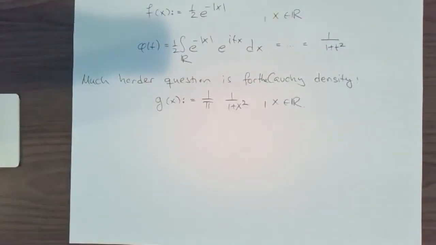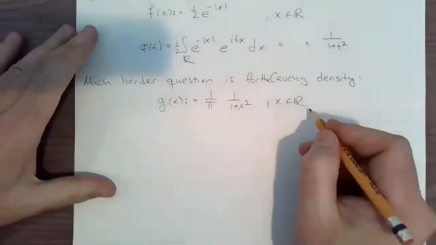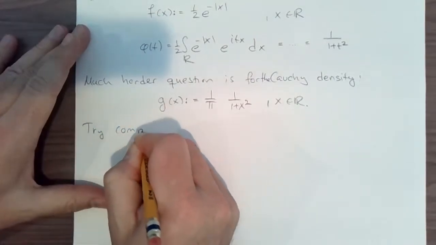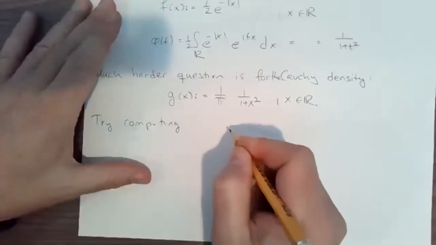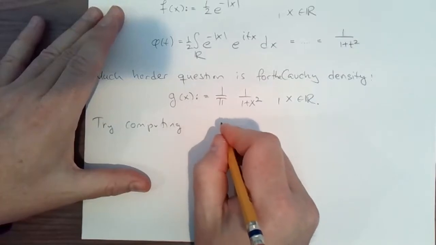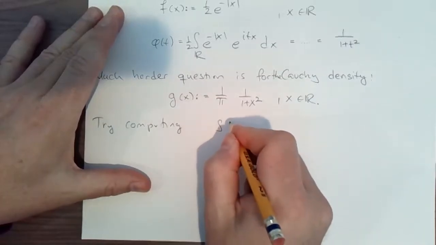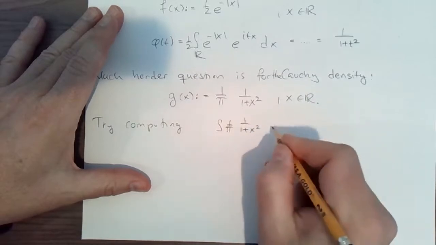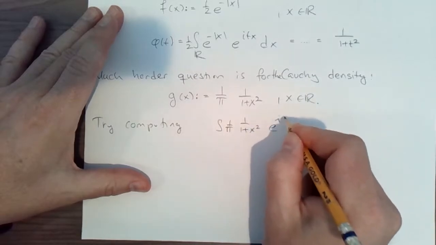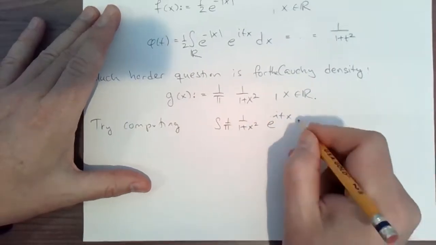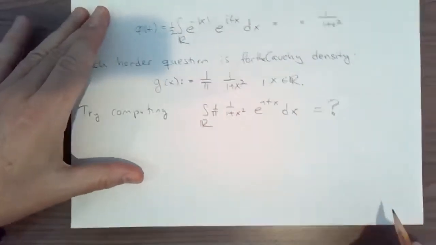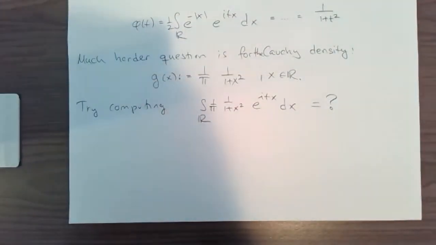If you were to try to compute, just try computing this integral, 1 over pi, 1 over 1 plus x squared, e to the itx dx. Try computing this.